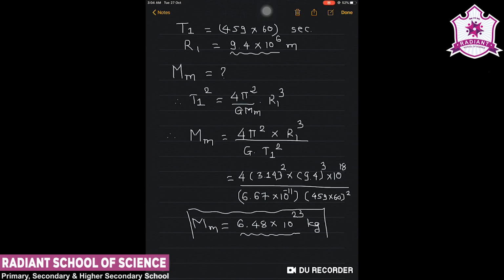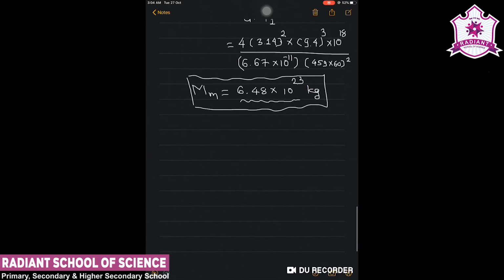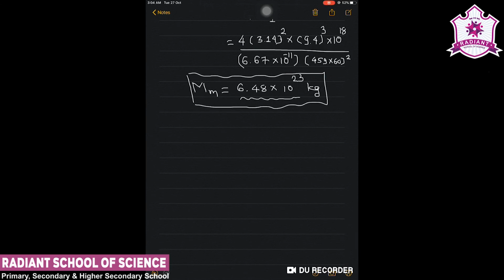We are also asked another question in the same problem: assume that Earth and Mars move in circular orbits around the Sun, with the Martian orbit being 1.52 times the orbital radius of the Earth. What is the length of the Martian year in days? So again we apply Kepler's equation, the same equation.